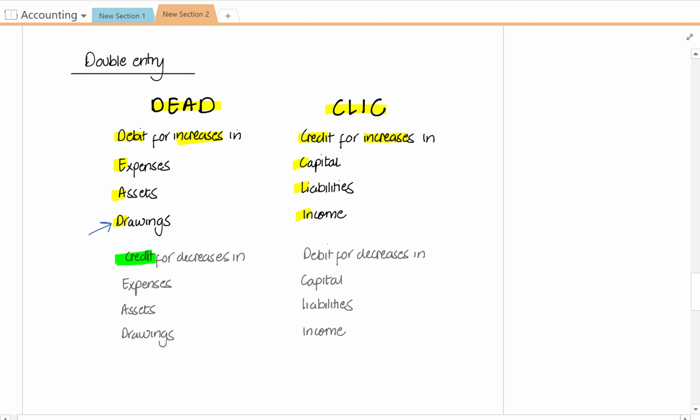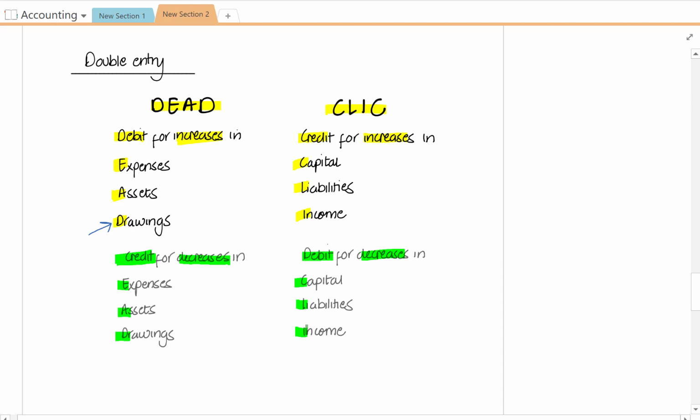Okay, so it's not as simple as saying debit will always mean an increase and credit will always mean a decrease. No, because as you see, a credit is also used for increases in capital, liabilities, and income, but it's also for decreases in expenses, assets, and drawings. We use the phrase debit for decreases in capital, liabilities, and income.